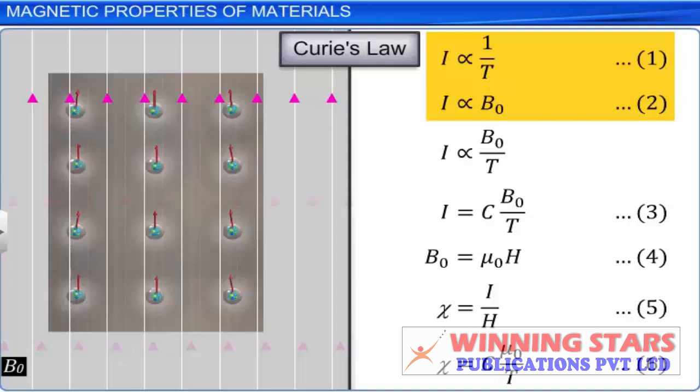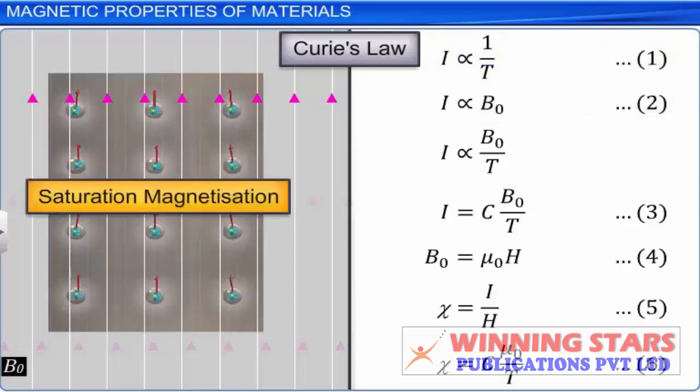At this magnetization, all the atomic dipoles are aligned in the same direction of the magnetic field. This value of magnetization is known as the saturation value and is represented as Is. Beyond this value, Curie's law is not applicable.